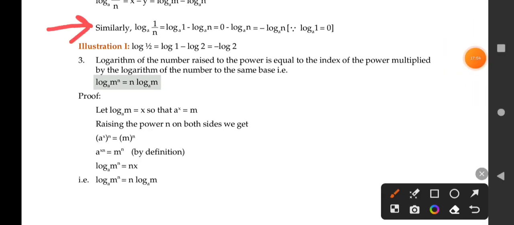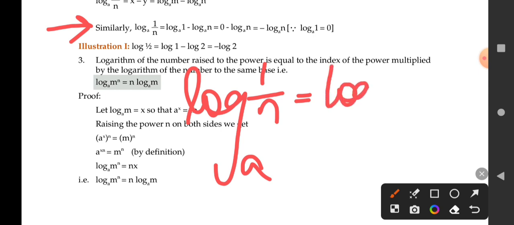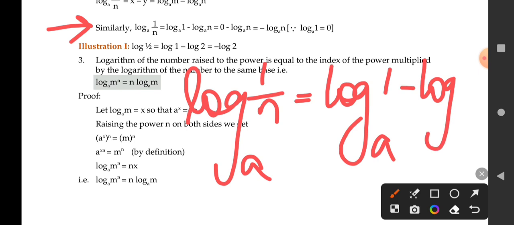Let's read this part. Similarly, log 1 by n to the base a, okay, is equals to log 1 to the base a minus log n to the base a as per the second law of logarithms.